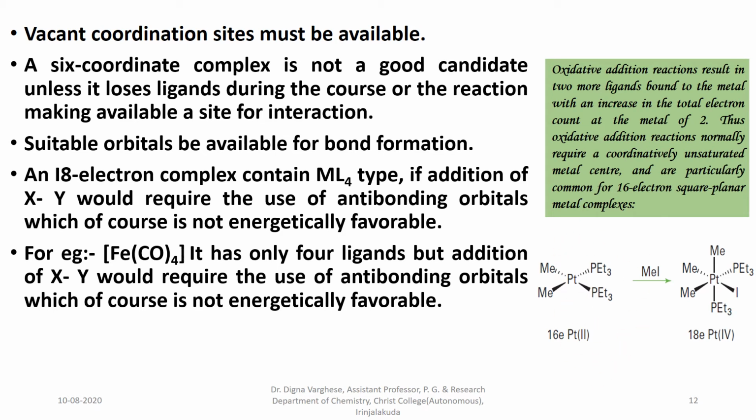So, square planar complexes are always used as catalysts in several reactions rather than octahedral or other geometries, because they have coordinative unsaturation and also suitable vacant orbitals available for bond formation.